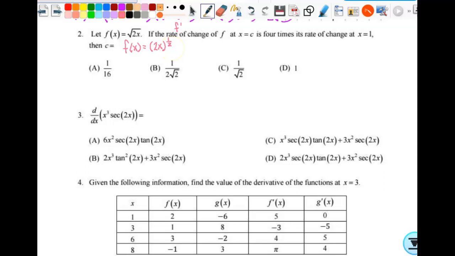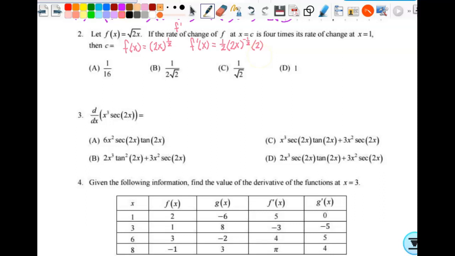We agree with that? So is this product rule, chain rule, quotient rule, none of the above? Chain rule. I have a function inside of a function, right? 2x is inside that square root. So when I do f prime, I do the outside first. 1/2, leave the inside alone, (2x) to the negative 1/2 power, times the derivative of the inside, which is 2.